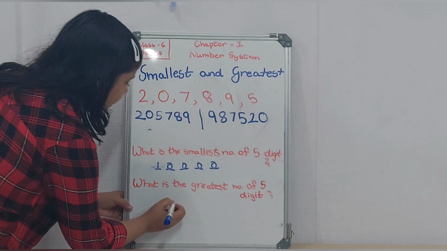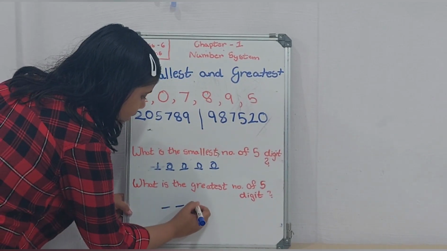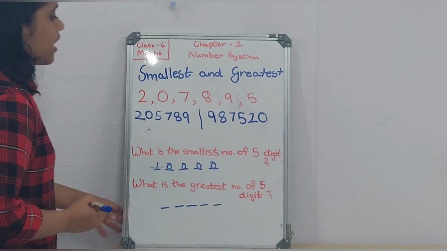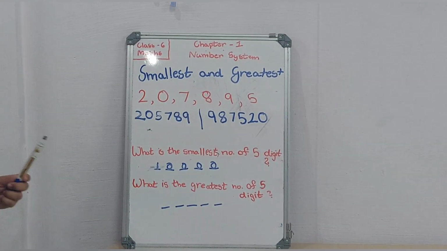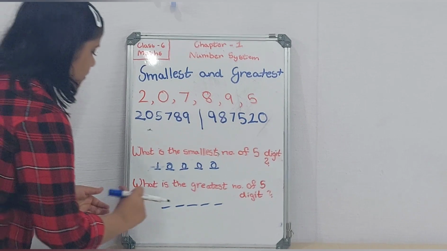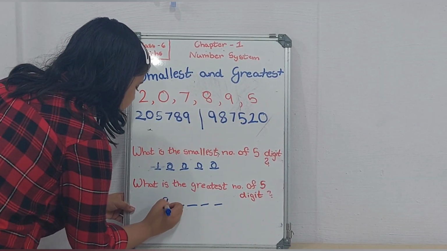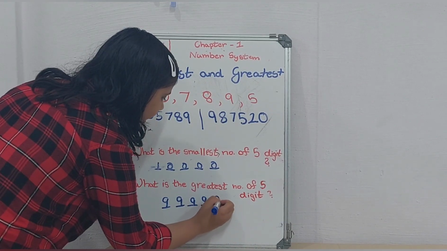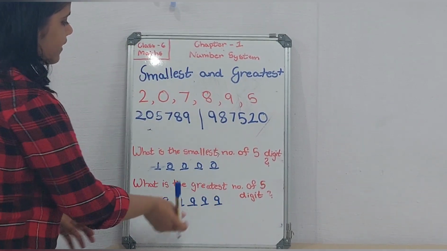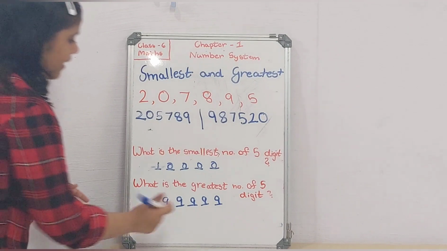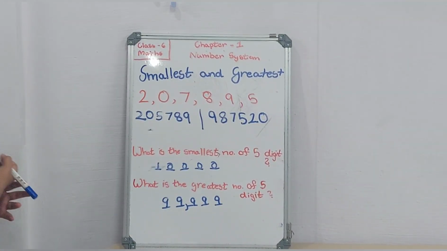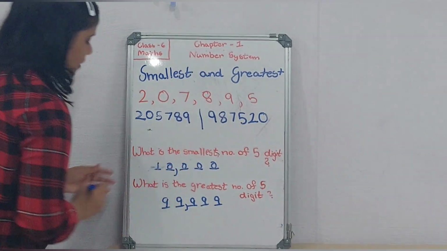So, we just give 5 dashes. 1, 2, 3, 4, 5. Okay. So, which is the greatest digit? 9. So, 9, 9, 9, 9, 9. So, this is the greatest number of 5 digits. That is, here 99,999. Here we have 10,000.